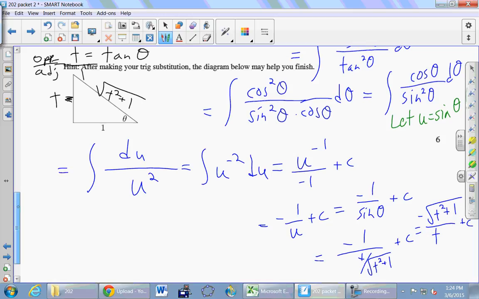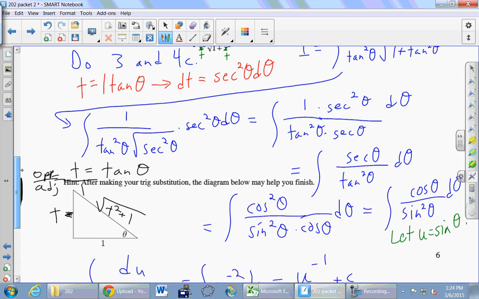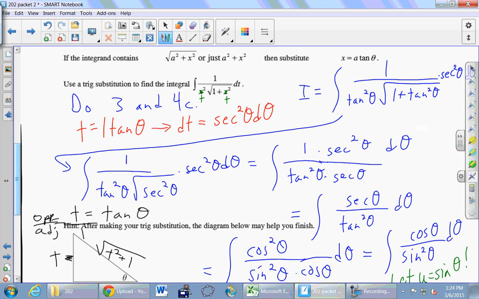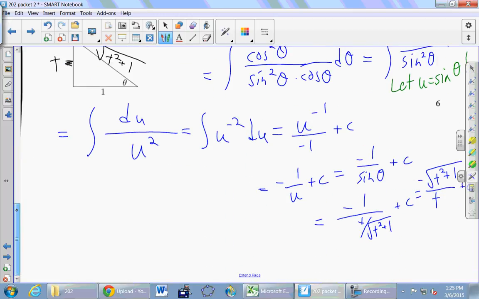You can solve for theta. So this is a slight change from the one problem we did last class. You can solve this guy for theta, right? It's inverse tangent of t.